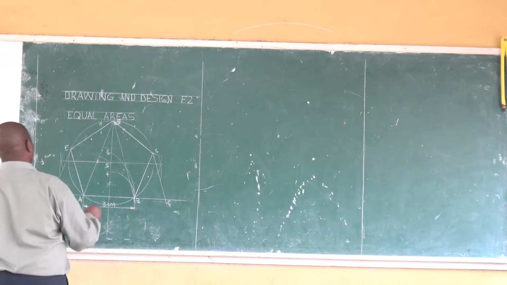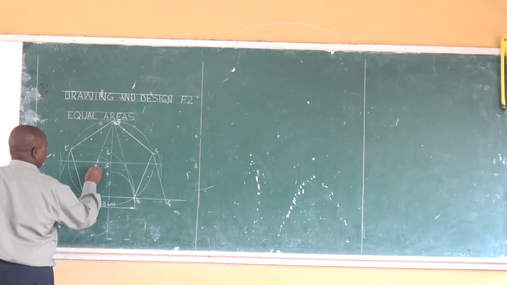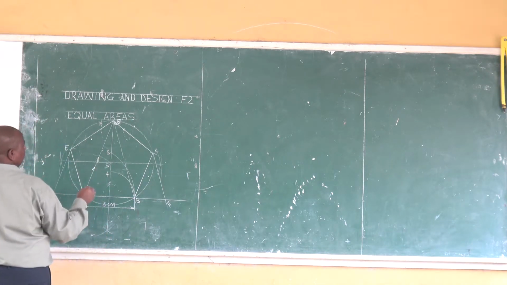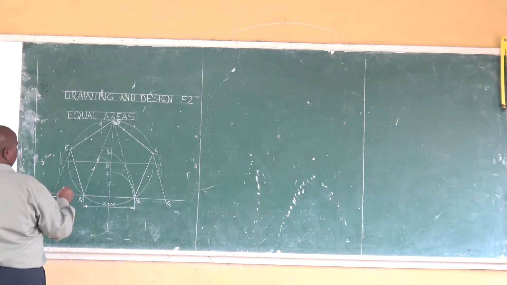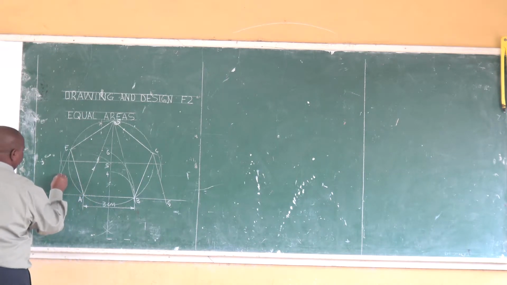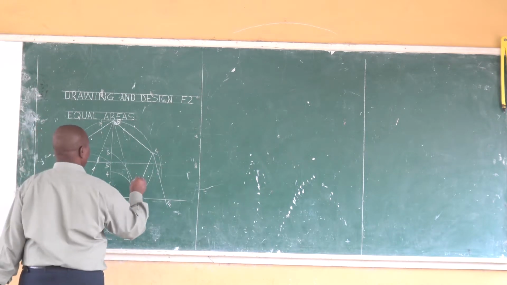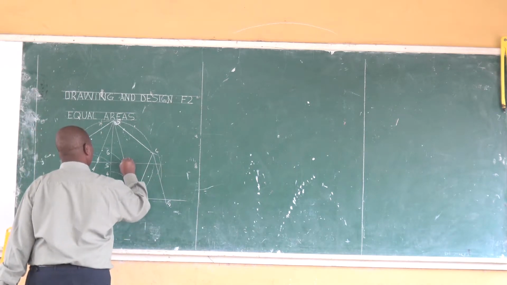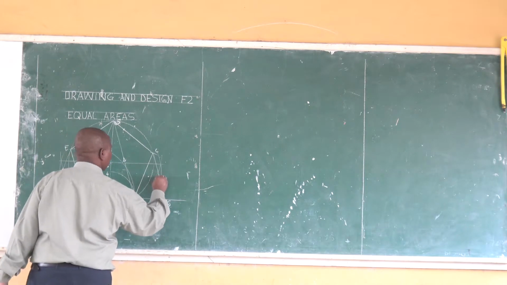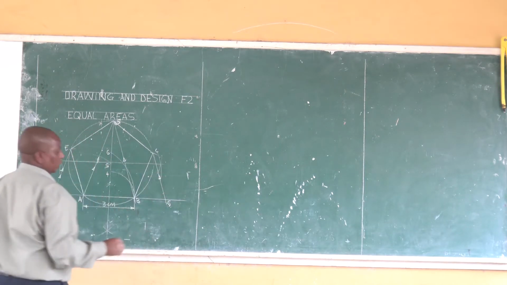Now, as I said earlier, this line joining A with D is parallel to the line EF, and DB is parallel to the line CG.